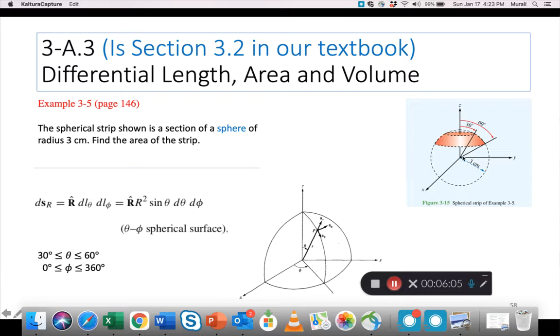The sphere has a center at the origin, and only this piece of this whole sphere we need to find the area. Same approach. Now this is in spherical coordinates.